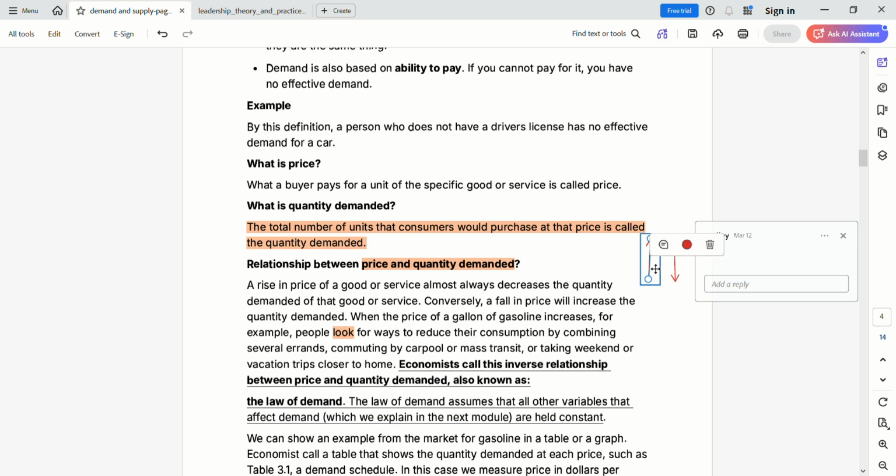As we discussed in our last lecture, if the price of any commodity increases, the demand for that commodity tends to decrease. This is known as the inverse relationship. A rise in the price of a good or service almost always decreases the quantity demanded of that good or service.